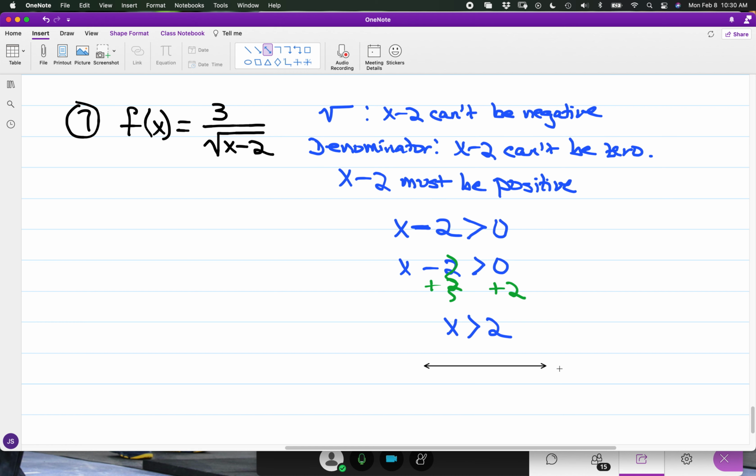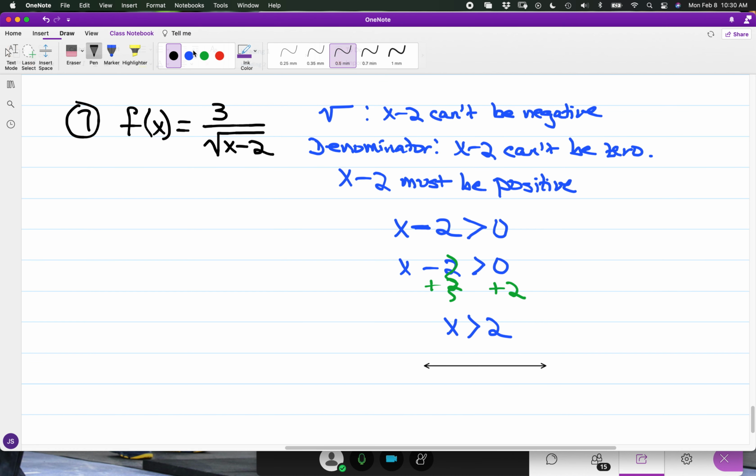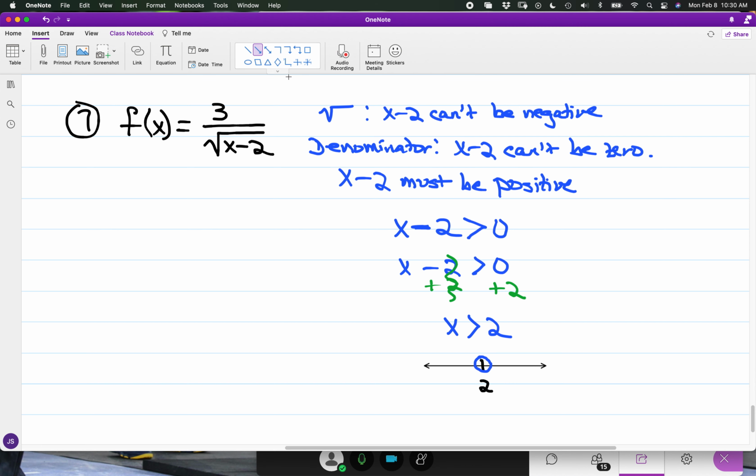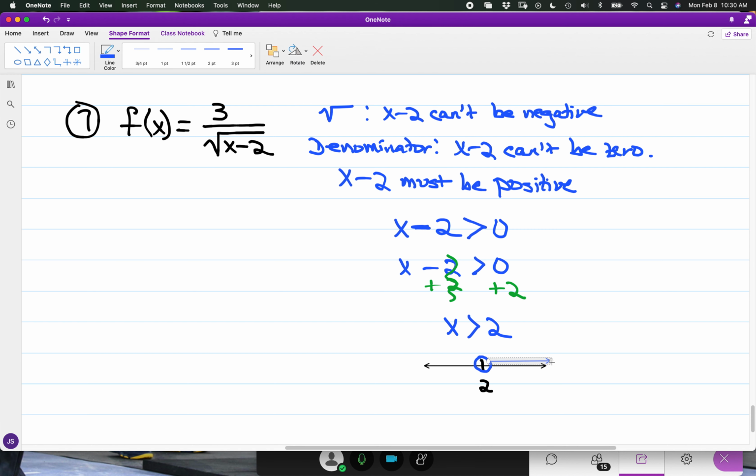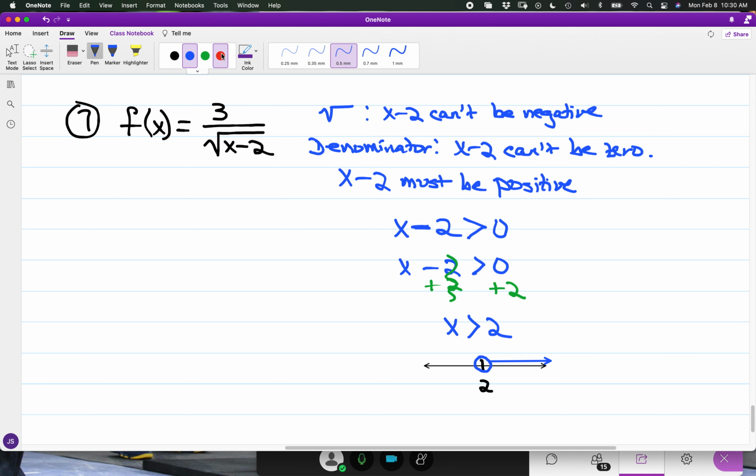It just has a quick graphing sketch. So on 2, you have a hole at 2, since 2 is not included. And again, the activity we have is exclusively going out to the right, approaching infinity.